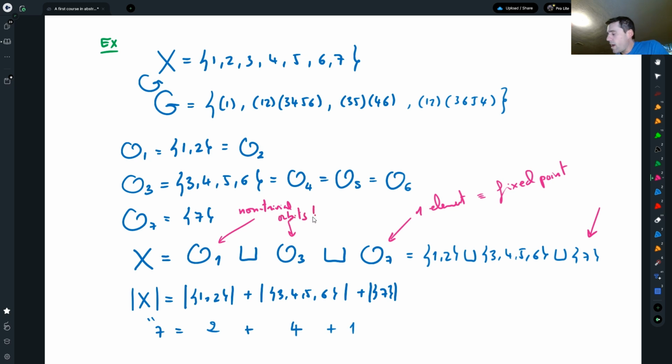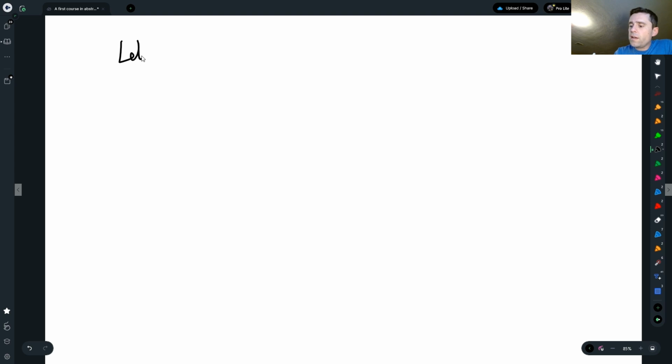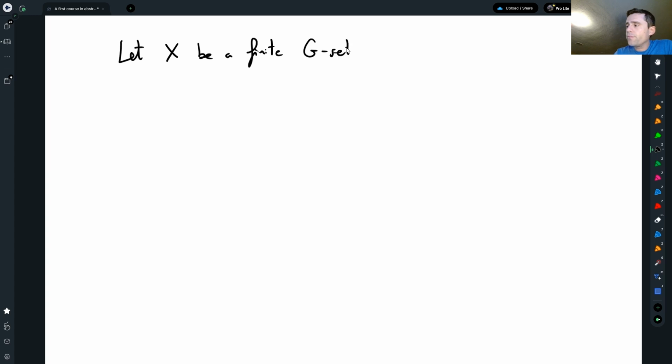Okay, so now let's see what this equation reads like in general. In general, let X be a finite G-set. First of all, we're going to talk about the orbits of order 1, the orbits that have exactly one element.